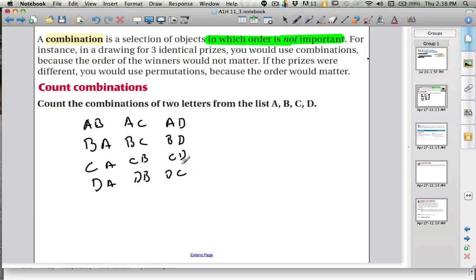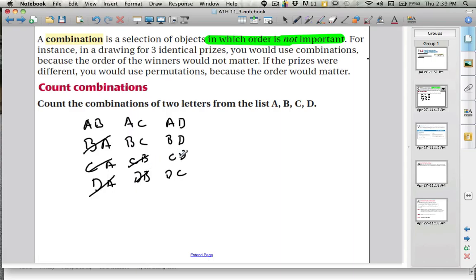But this is permutations. If you look, I have AB and BA, and these are the same. I have AC and CA. I have AD and DA. They're the same combination. I have BC and CB, that's redundant. I have BD and DB, that's redundant.